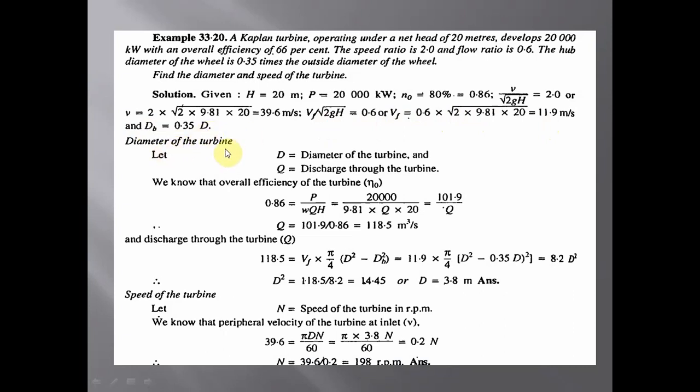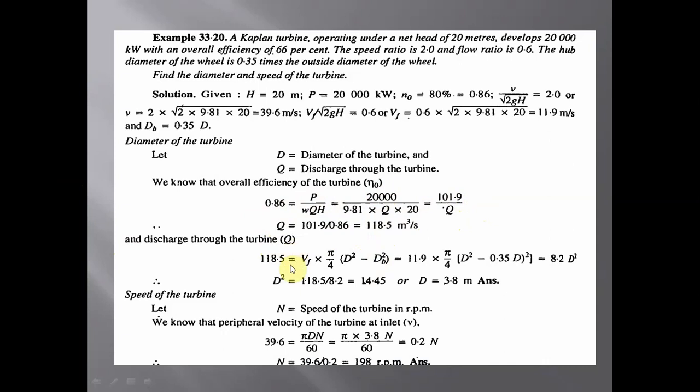Diameter of the turbine: let D be the diameter of the turbine, then Q be the discharge to the turbine. We also know that the overall efficiency of the turbine is equal to 0.86, P divided by (W into Q into H), that is 20,000 divided by 9.81 into Q into 20, that is 101.9 divided by Q. Here Q equal to 101.9 divided by 0.86, that is 118.5 meters cube per second.